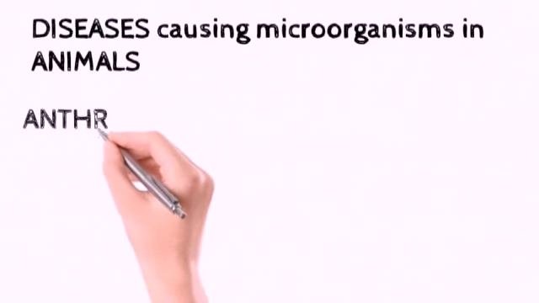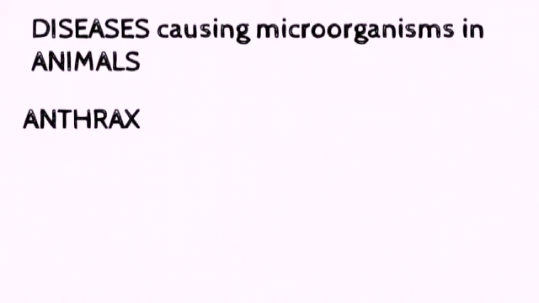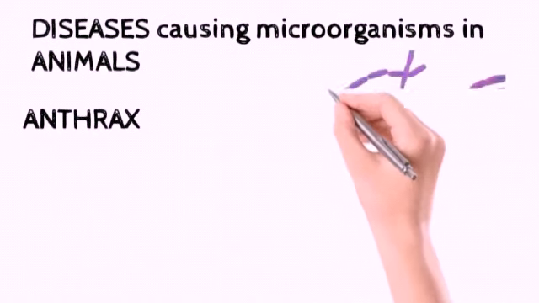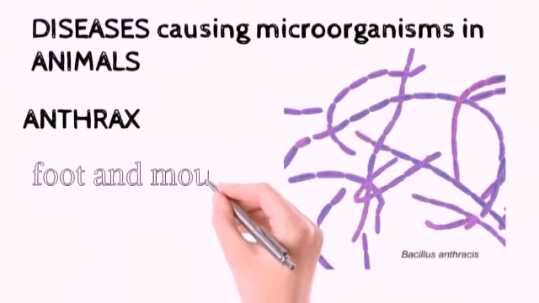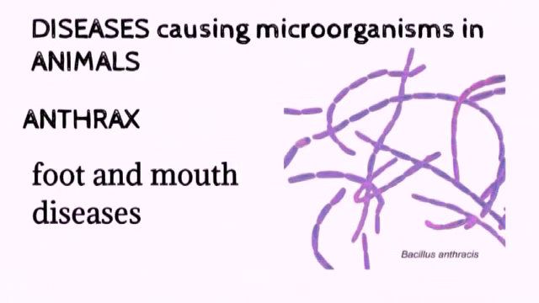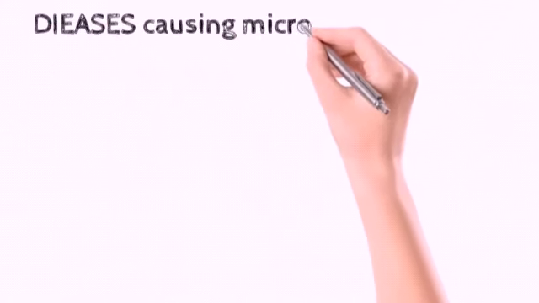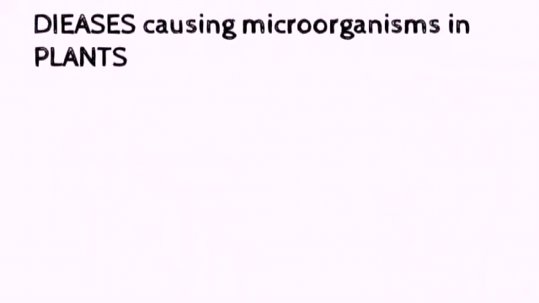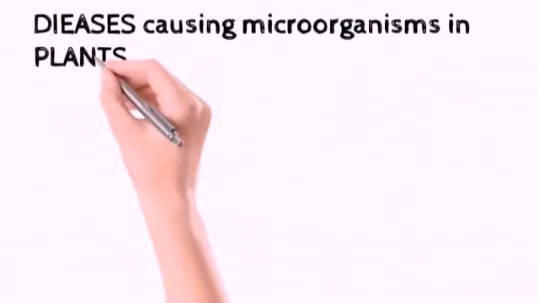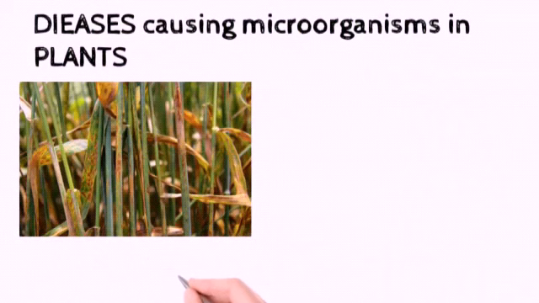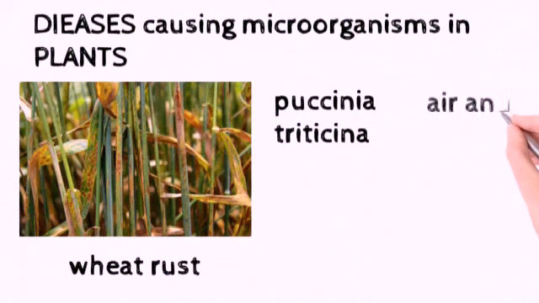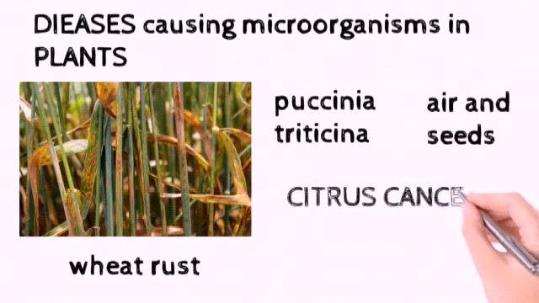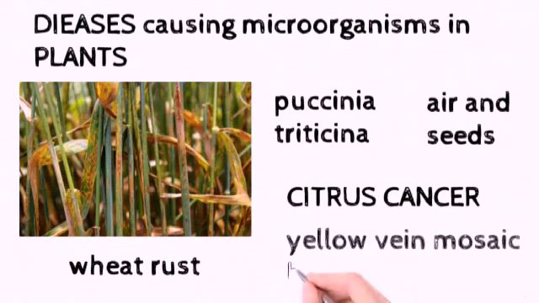Anthrax is a bacterial disease caused by Bacillus anthracis, while foot and mouth disease is caused by a virus. Now let's know about diseases caused in plants. There are several microorganisms which cause diseases in various plants, such as wheat rust, spread through air and seed, citrus cancer, and yellow vein mosaic of bhindi.